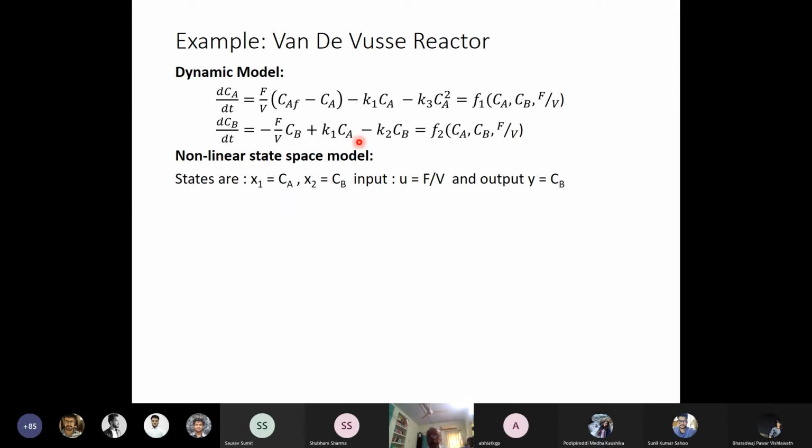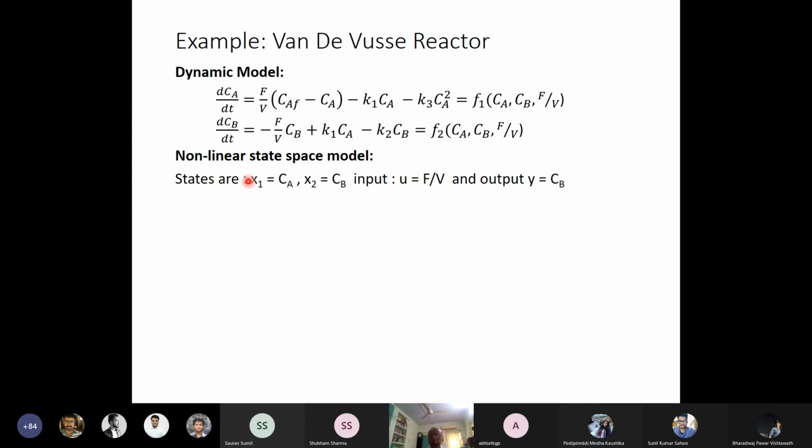For the nonlinear state space model, I say x1 is equal to CA, x2 is equal to CB, and input u is equal to F/V. Since my control objective is to maximize the production of B, my output y will be CB.